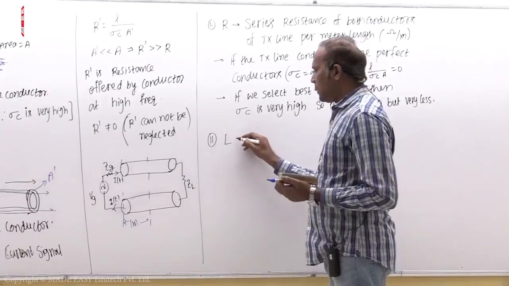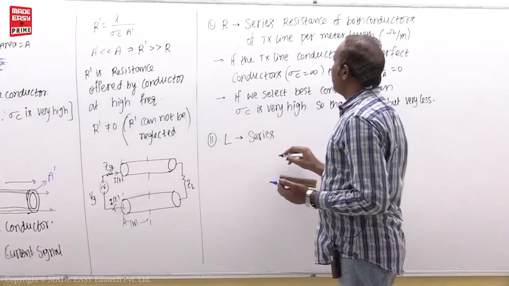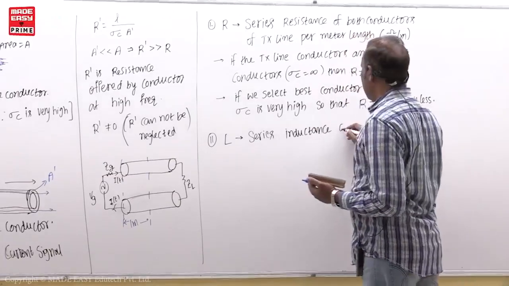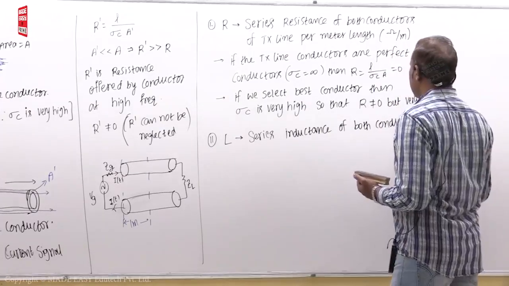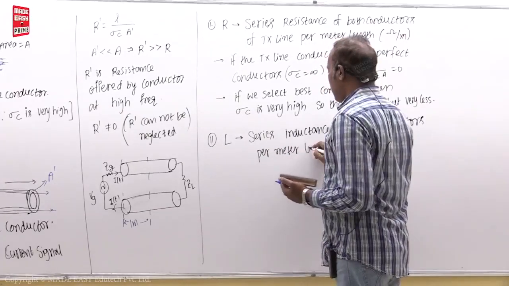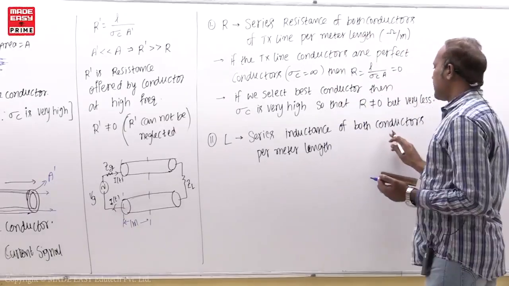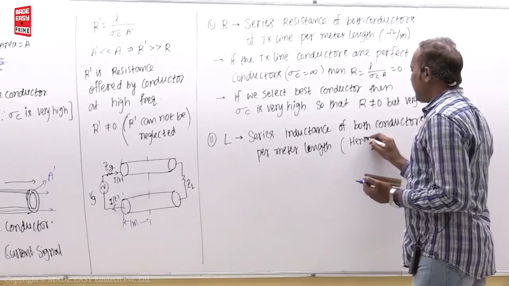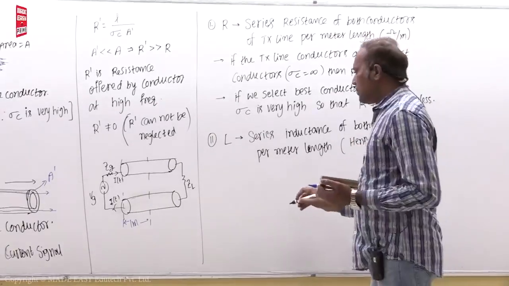L, dear students, L. So L is the series inductance of both conductors per meter length. So that is Henry per meter. Why does inductance come, dear students?